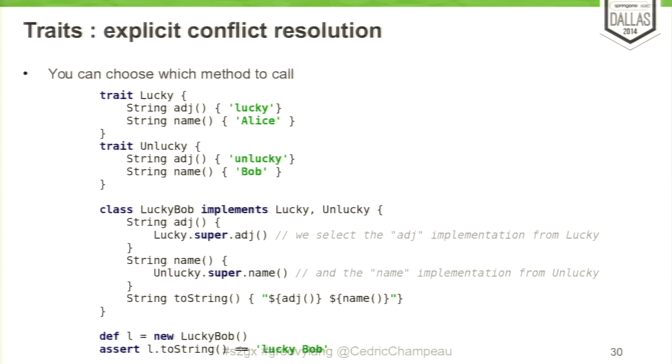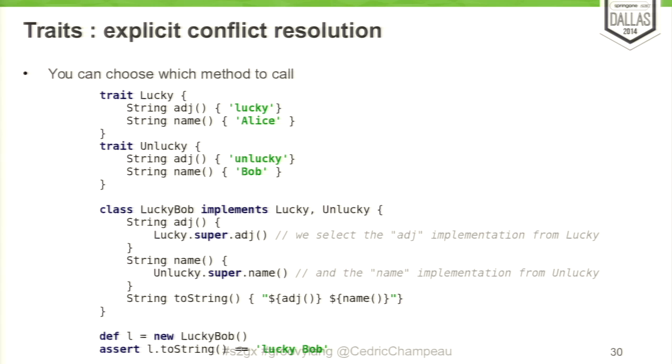Actually, you can use the super keyword in Groovy. So for those of you who are familiar with Java 8, this is the same syntax, but Java 8 forces you to resolve the conflicts in default methods using that syntax. In Groovy, if there is no conflict and you are happy with the declaration order, it's OK.